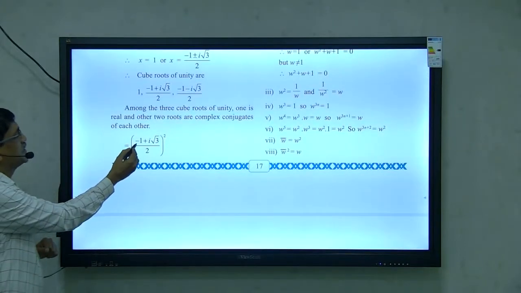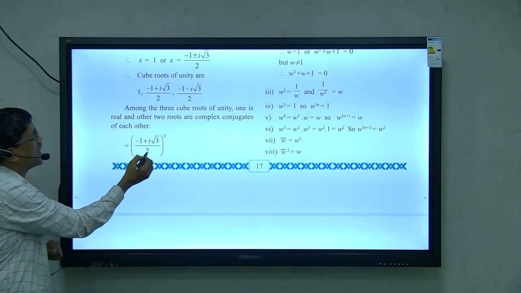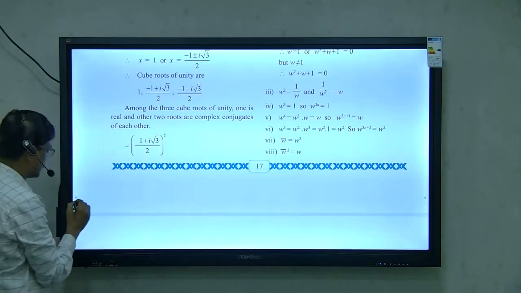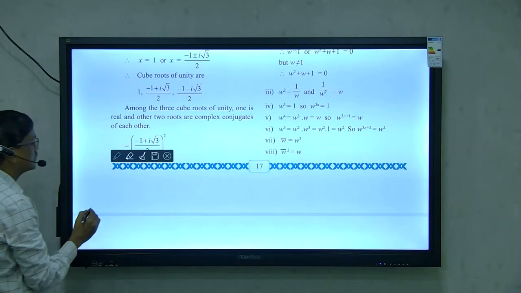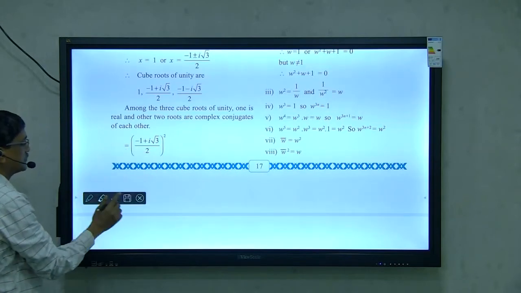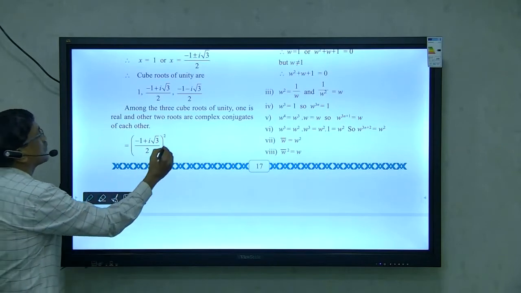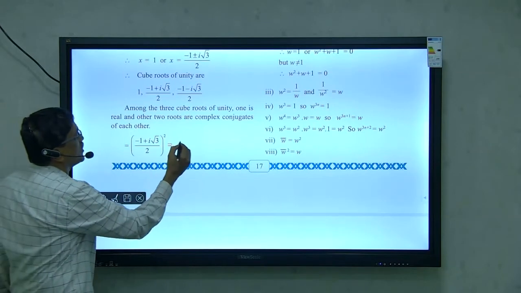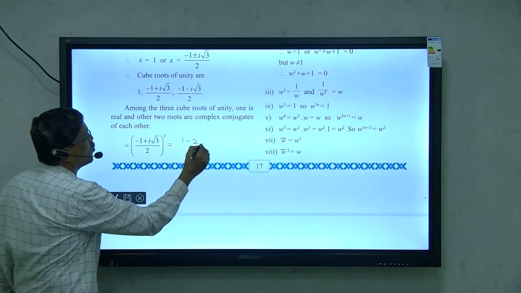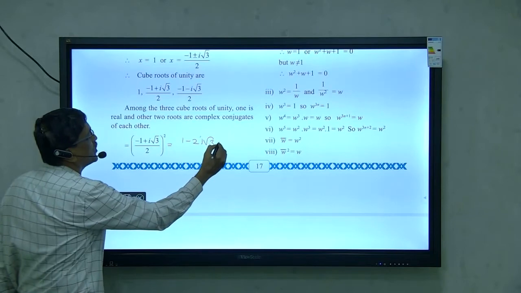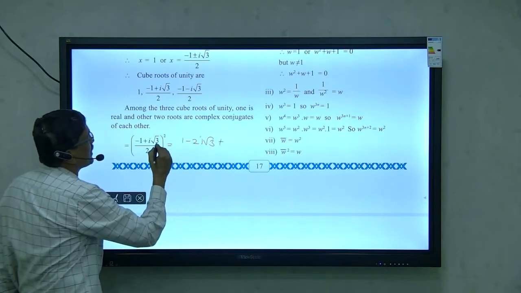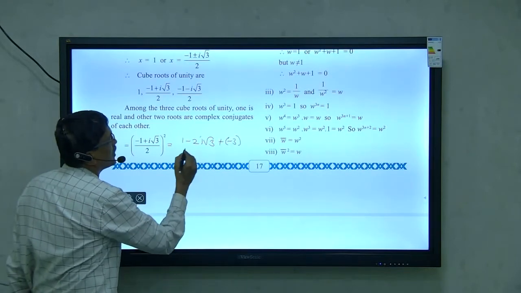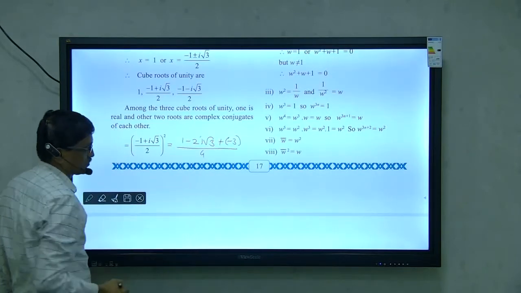If we square the second root, minus 1 plus i root 3 upon 2 bracket square, what we get here is, after squaring, 1 minus 2i root 3 plus root 3 has square 3, i square is minus 1, so it is minus 3, upon 2 square, which is 4.